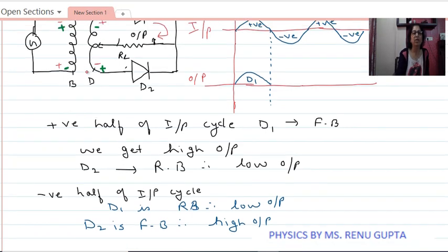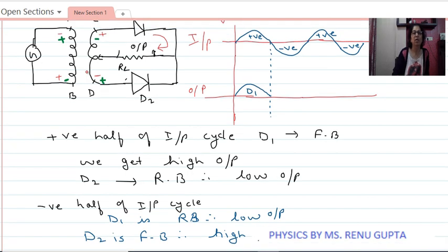The current will be flowing in this direction. So we can see that in the load resistance, current is flowing in the same direction. So high output will also be in the same direction. So for the negative half of the cycle, we get high output in the same direction. This is D2.